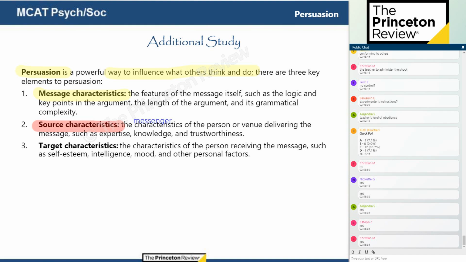And then lastly, of primary importance is the target, the audience. It has to do with who's being addressed and how open, available, and capable they are of assessing the message.